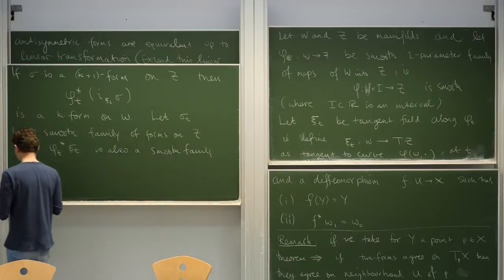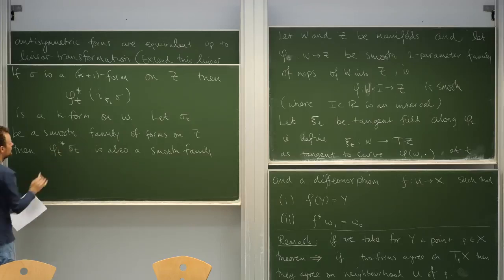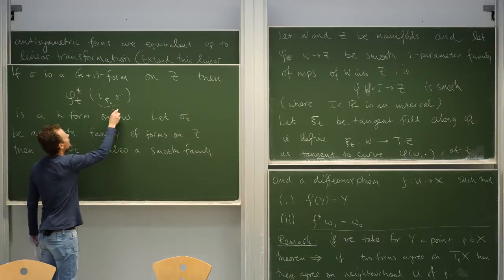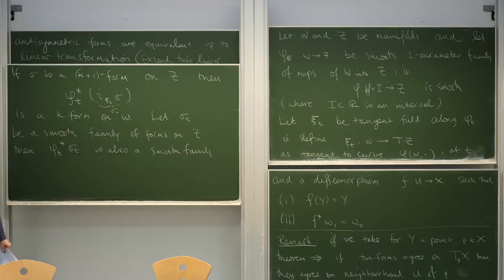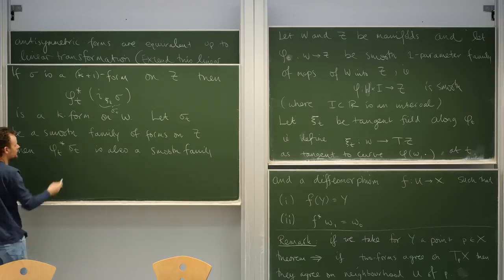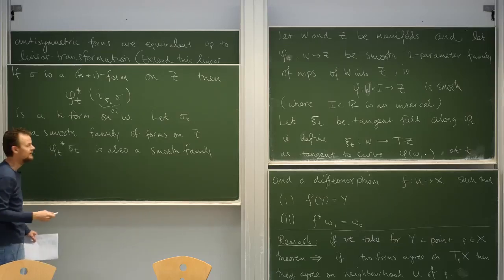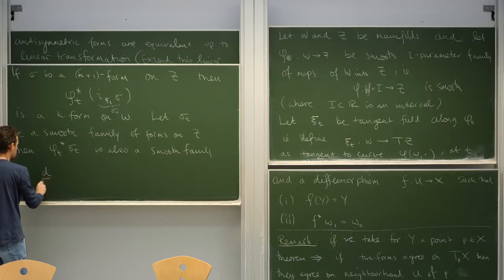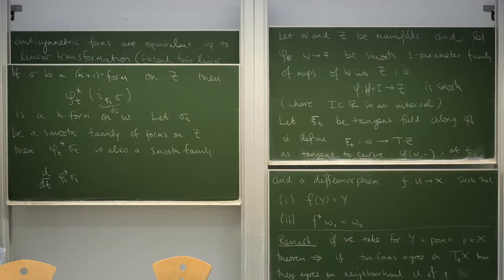And then also this family here, think of this as sigma t, obeys a local equation of motion in t. So we've derived this equation before, so the derivative of the pullback of a diffeomorphism is the Lie derivative.